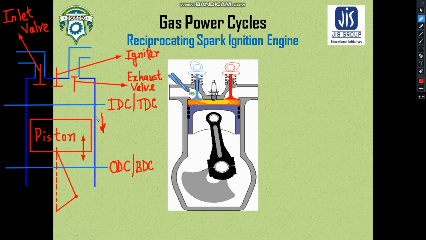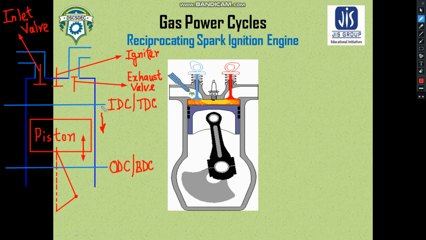Now the volume between IDC and ODC or TDC and BDC is called the stroke. So one stroke means it is the displaced volume between TDC and BDC or IDC and ODC. Okay, so let us start from the beginning once again.